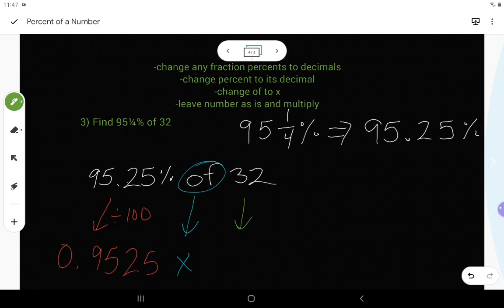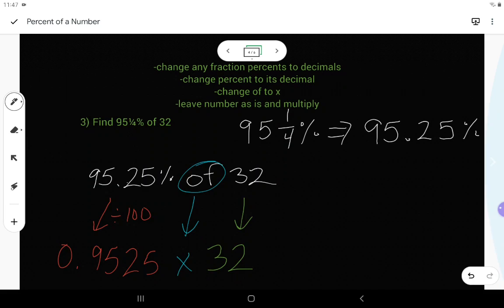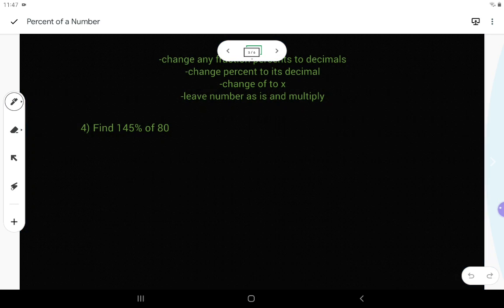And then we're going to leave the 32 as 32. And so we have 0.9525 times 32. When you multiply that together in your calculator, it gives you 30.48.